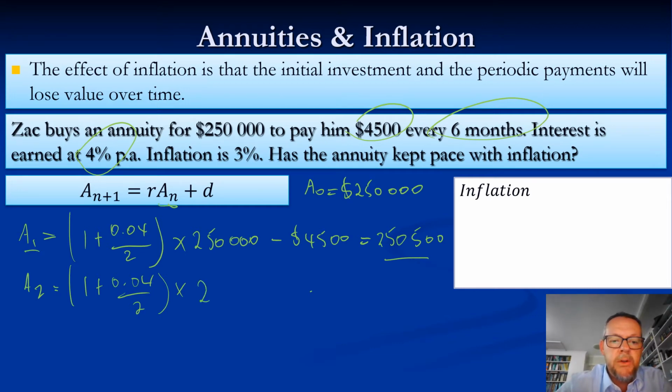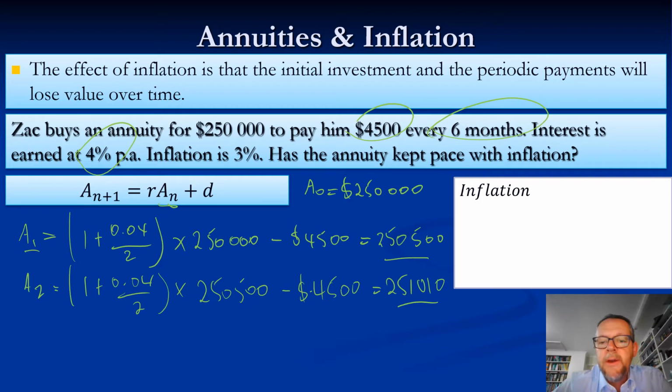So multiply by 250,500 and take away that periodic payment of 4,500. That's going to give us $251,000.10. So the value after 1 year, or those 2 compounding periods, is going to be $251,000.10.